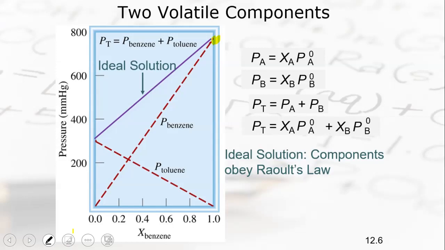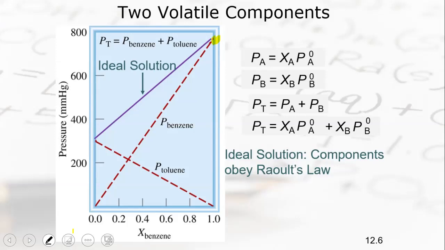If I run an experiment where I plot the vapor pressure of a mixture of two liquids against each other, and I find that the vapor pressure is directly related to the sum of the partial vapor pressures, and each partial vapor pressure follows Raoult's law for each of the components, then I have what's called an ideal solution.